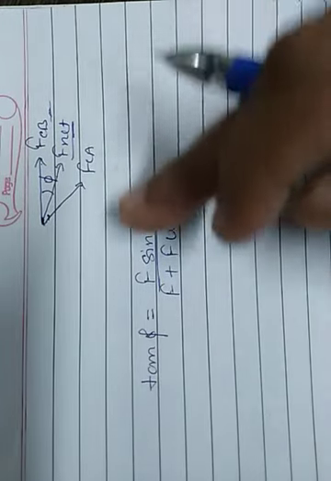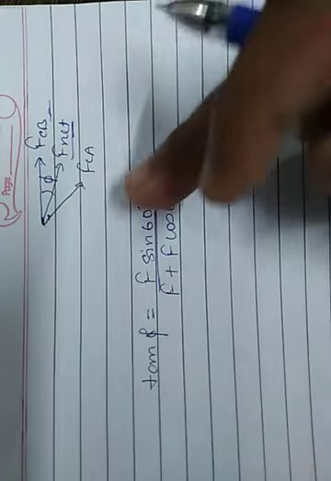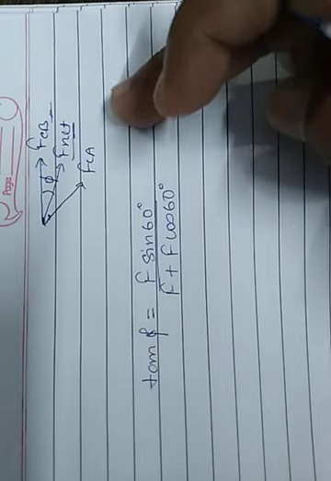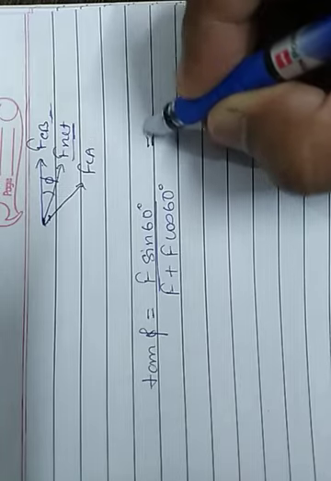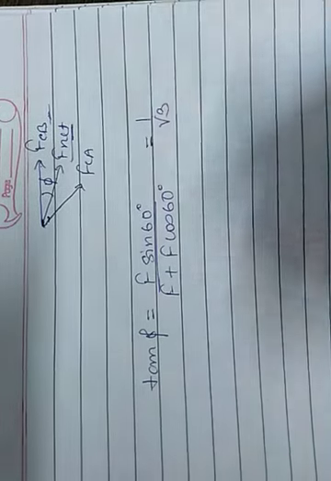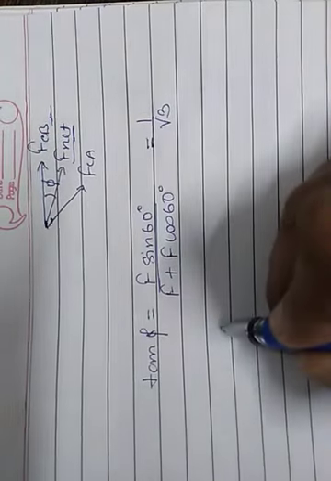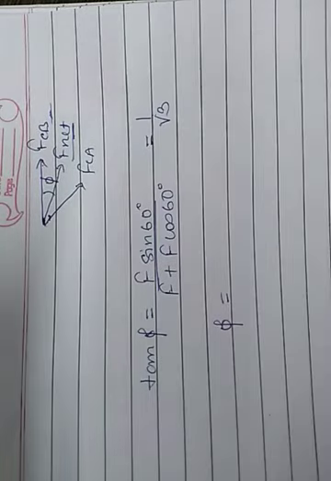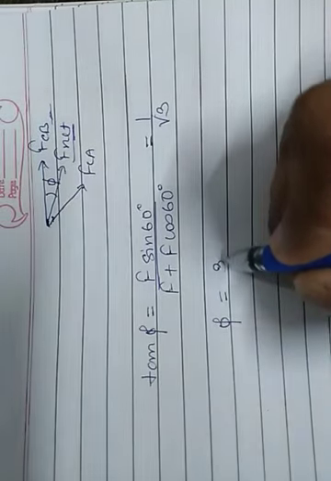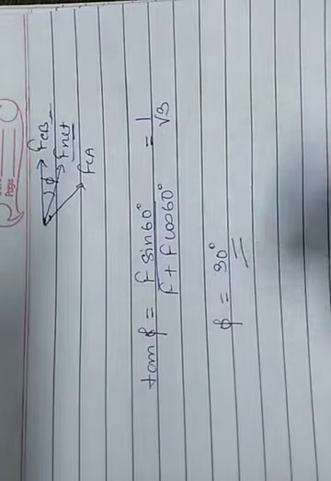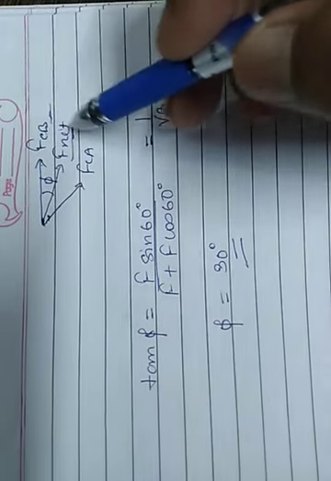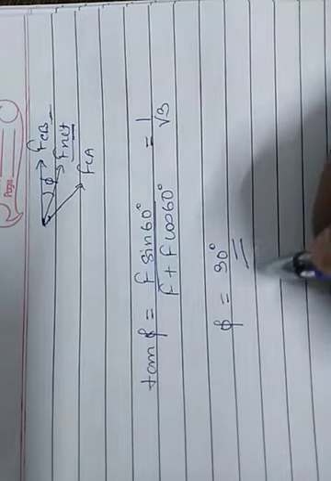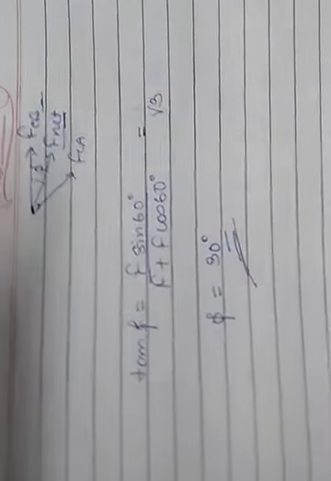Just solve this: F and F get cancelled, root 3 by 2 upon 1 plus 1 by 2, and you will solve it, so it becomes 1 by root 3. So phi is equal to 30 degrees. So the angle with respect to this force is 30 degrees. So this is the answer.